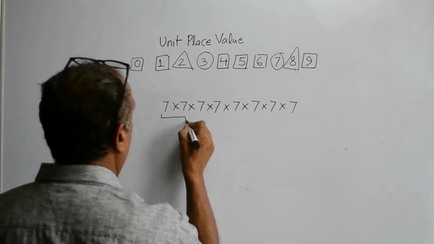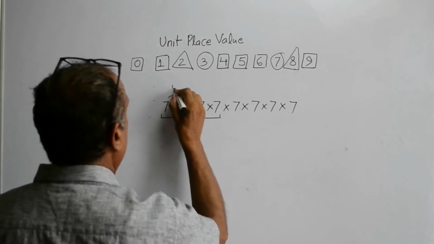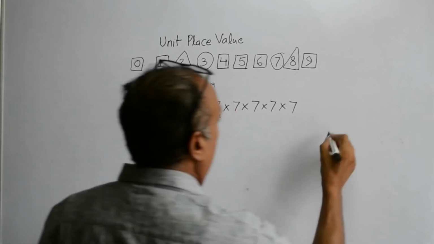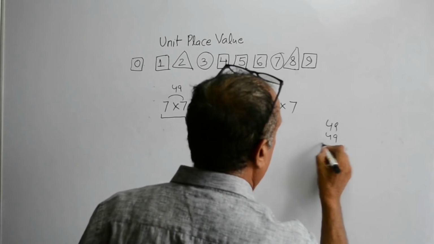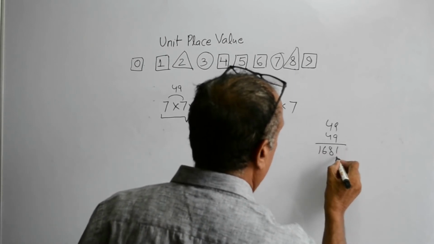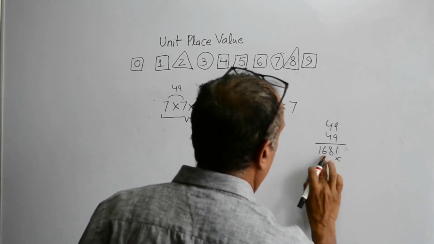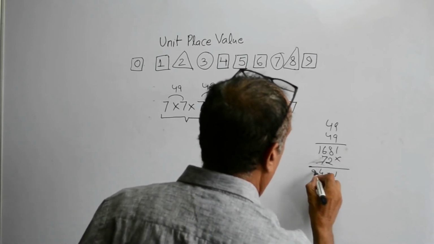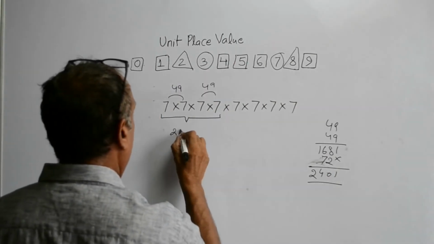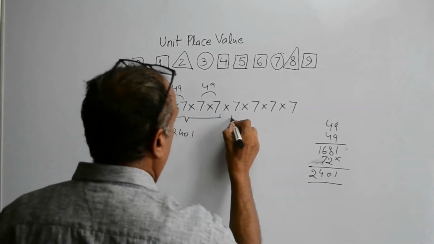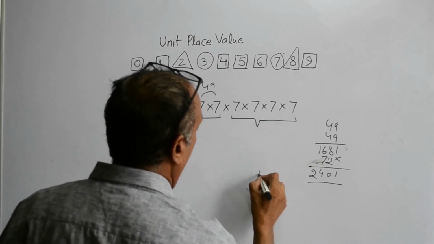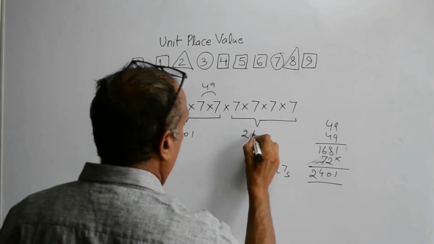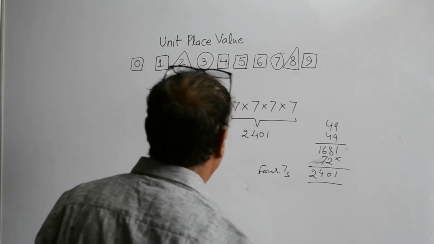So 49 multiplied by 49 gives us 2401. This combination of 4 sevens will also be giving us 2401.